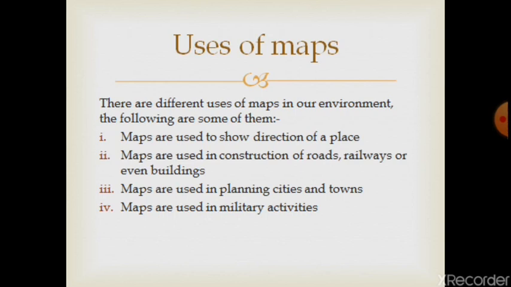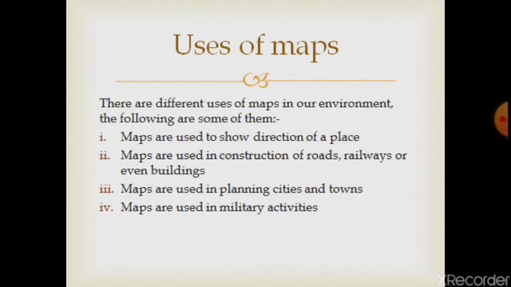This means that they are looking at a map and realize that you have built a house or anything on the road reserve area. But also, when they are constructing roads or railways, they use maps to guide them.